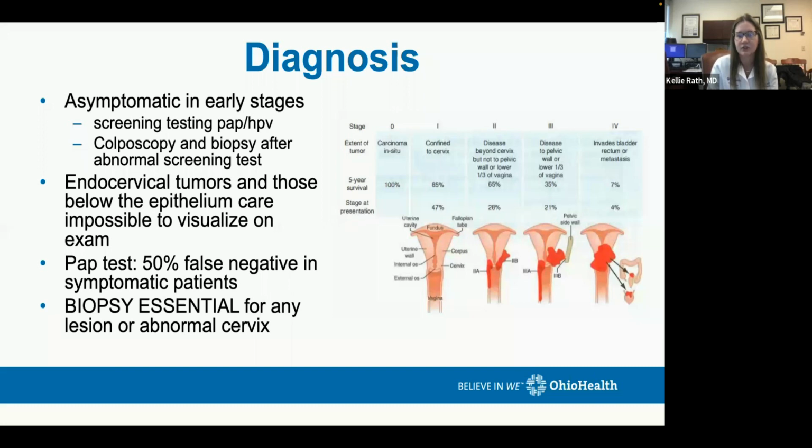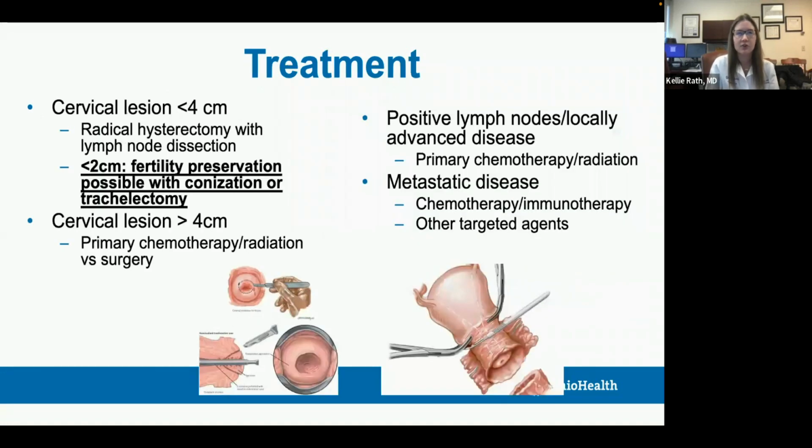As we get to stage 2, stage 3, stage 4, you can see the survival rates decrease significantly. And so screening is so important to detect these cancers early, as well as HPV vaccination. Cervical cancer treatment is either surgical or chemotherapy and radiation based, depending on the size of the lesion at diagnosis.